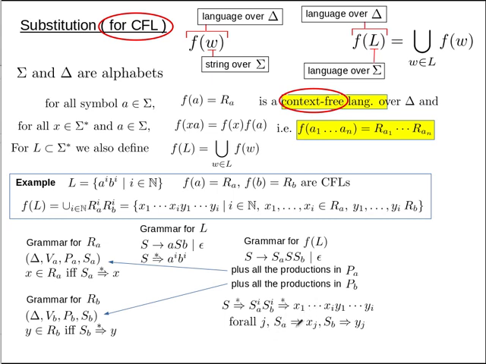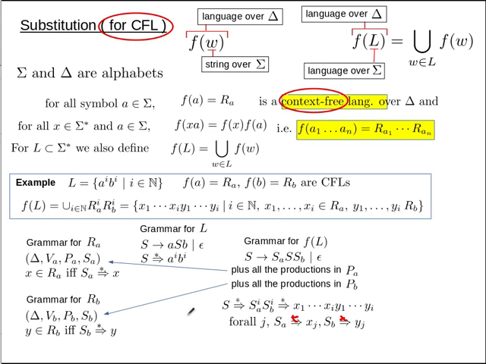This has a star here, and this has a star here. Each SA will be expanded into some Xj, and each SB will be expanded into some Yj. That is why you will have i many Xj's and i many Yj's, followed by this, and it's the same thing.